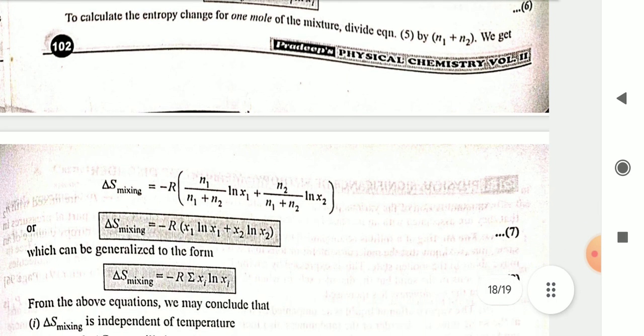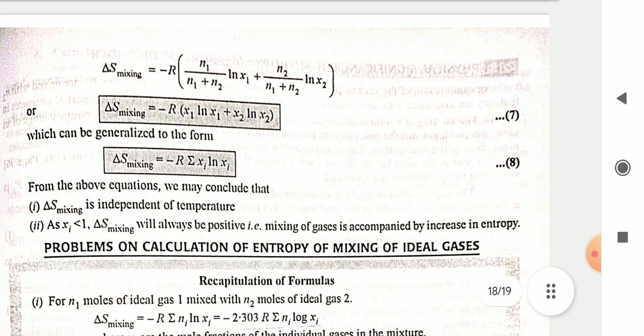Consider equation 8. From the observation, we conclude that delta S is independent of temperature, and xi value is always less than 1, so delta S will be taken as positive. The mixing of gases is accompanied by an increase in entropy.